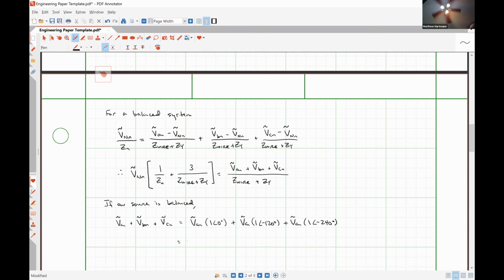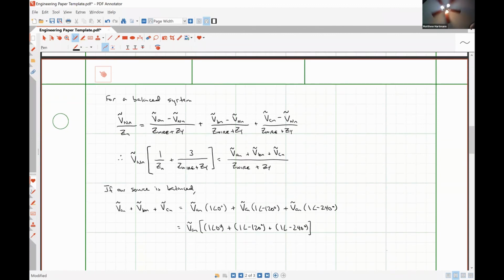Or VAN times 1 angle 0 plus 1 angle minus 120 degrees plus 1 angle minus 240 degrees. So if anybody has a calculator handy, could you please add up those three complex numbers for me and tell me what the result is? So I'm specifically asking about this bit.